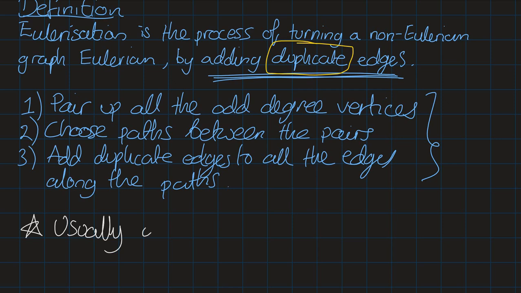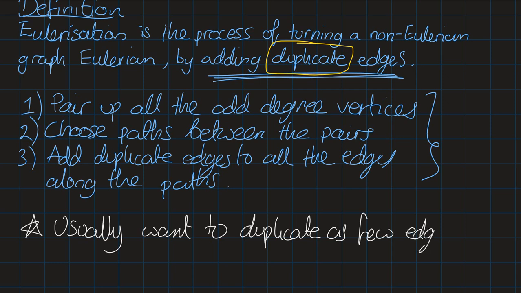So you usually want to duplicate as few edges as possible. Because you may have noticed this three-step process I gave you is not 100% deterministic. It depends on some choices which you make.